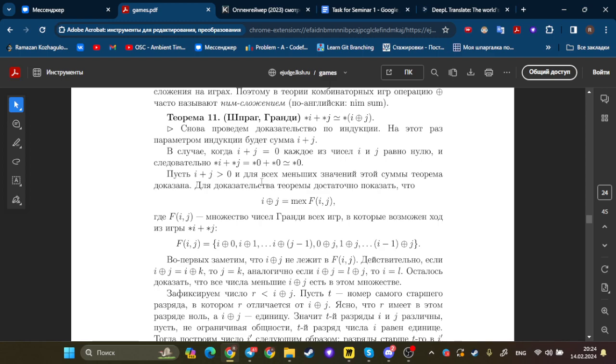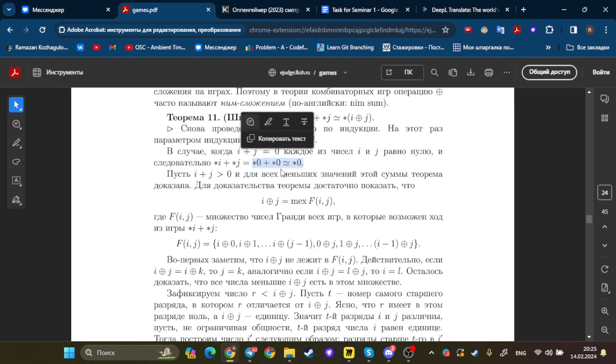In the beginning we just prove this theorem by mathematical induction. We say that e plus g equals null. We make induction by e plus g and say that if e plus g equals null, it means that we have null stones.